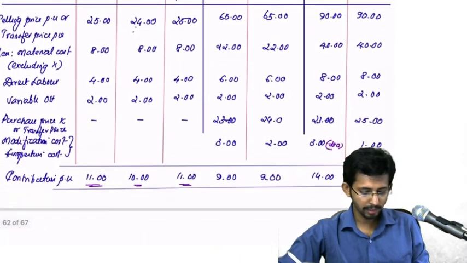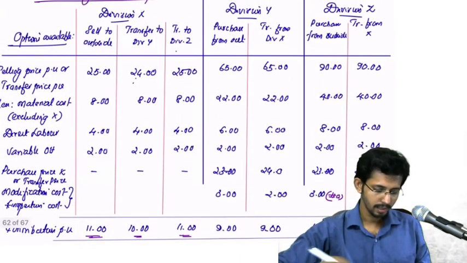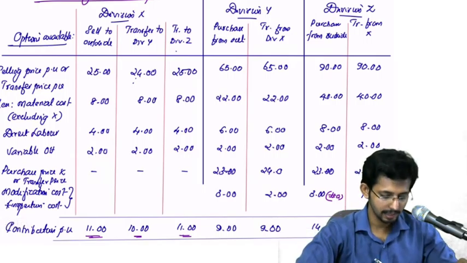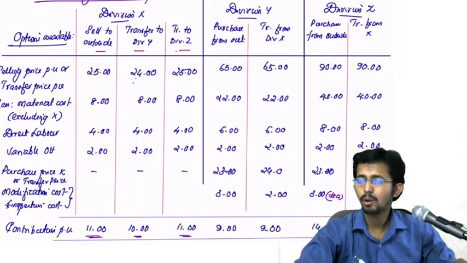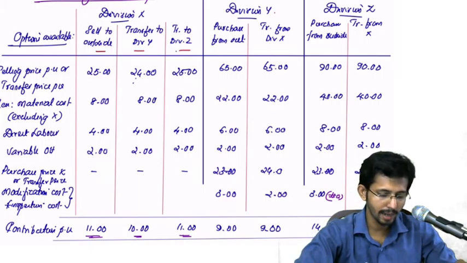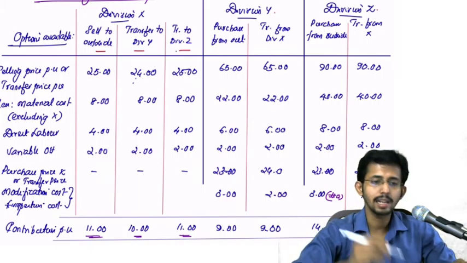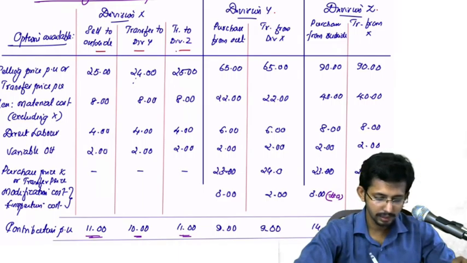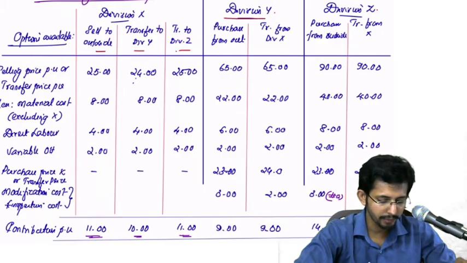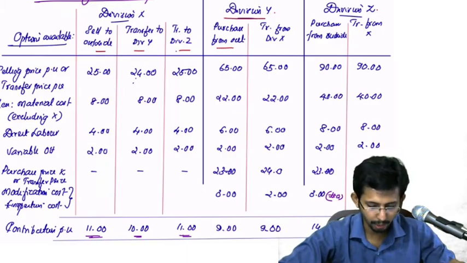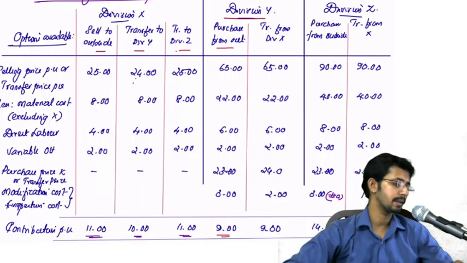In statement of profitability, if you see, as far as division X is concerned, there is no confusion. You have to go for all these three options. Now the only confusion is with respect to Y and Z. Which one should be selected? Out of these two, which one should be selected? Now in case of division Y, if they purchase the component from outside, they will get a contribution of rupees 9 per unit.